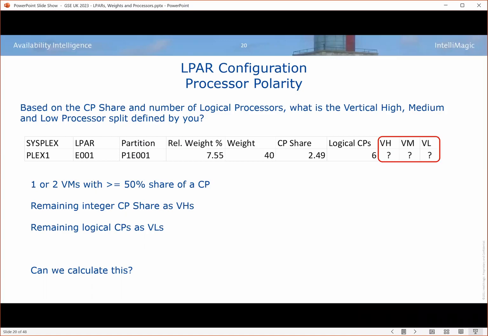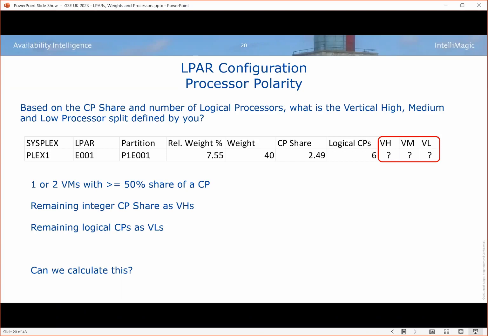Based on that CP share and the number of processors, we're going to get a vertical high, medium, low split, okay? So we're going to get 1 or 2 vertical mediums that have at least 50% share of a processor. The remainder integer value of that CP share is going to be a vertical high. And then what's left are going to be vertical lows. Okay. So that's the way it's described.